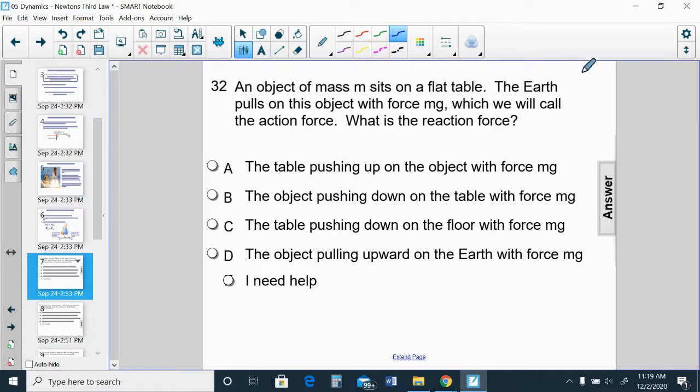So that is downward. The opposite reaction force would be the object pulling upward on the Earth with force mg. So an equal and opposite reaction between two different objects.